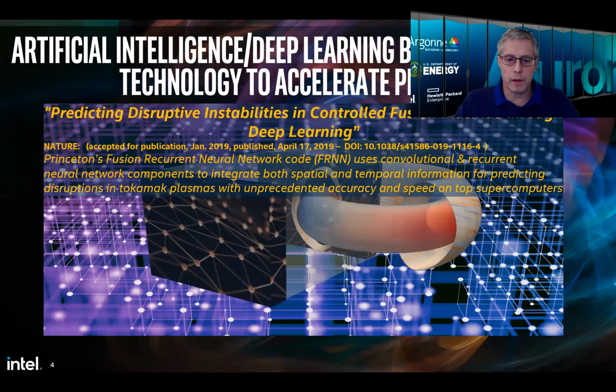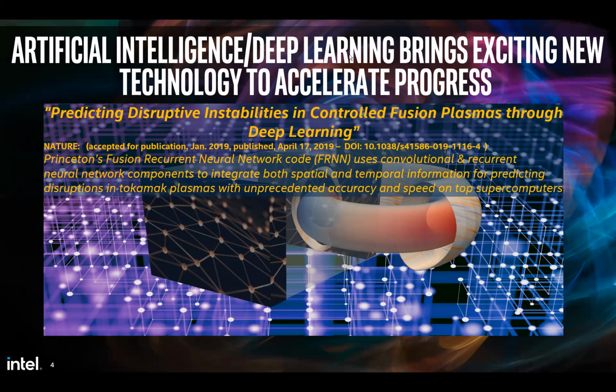So this is a great example from a good colleague of mine, Bill Tang, from the Princeton Fusion Lab. And I remember conversations with him 7, 8 years ago when he was working on a particularly difficult problem about trying to figure out any of the escapes in this plasma toroid.